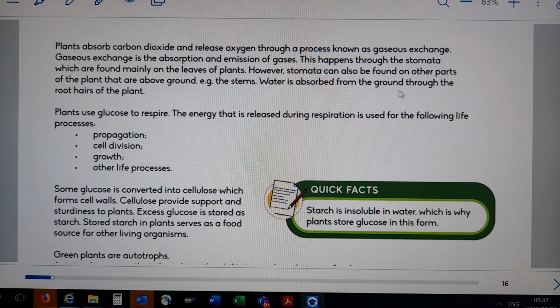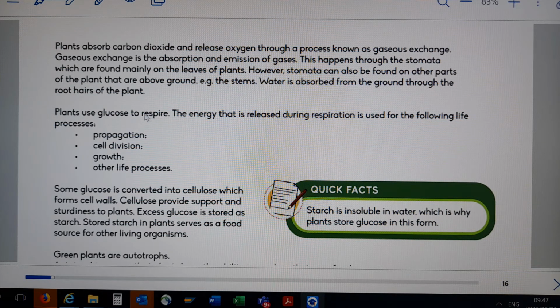Water is absorbed from the ground through the root hairs of the plant. We have seen the plant. Plants use glucose to respire. Okay, here they will explain this. The energy that is released during respiration is used for the following life processes, which are propagation, cell division, growth, and other processes.